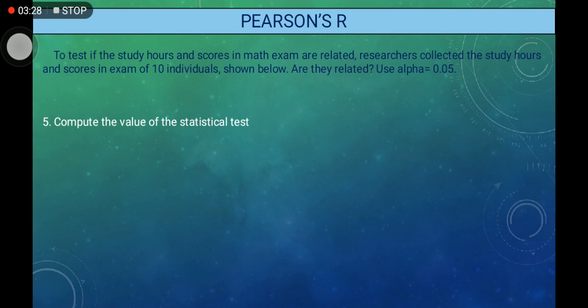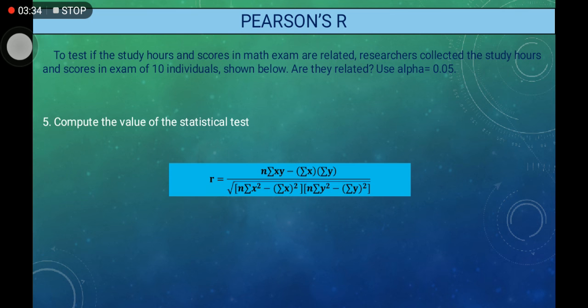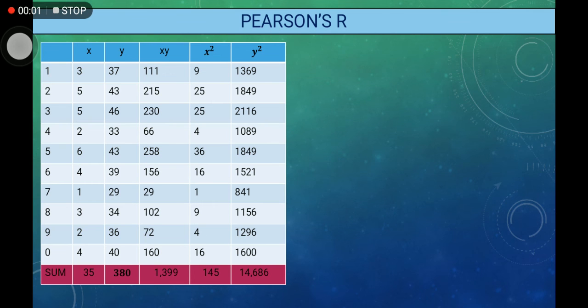Step 5. Compute the value of the statistical test. Using the formula of Pearson's. Ang gagawin natin is hahanapin natin yung mga data na hinahanap sa formula. Di ba kanina, 3 column lang yung meron tayo sa box.